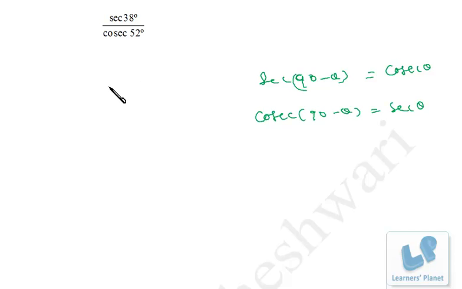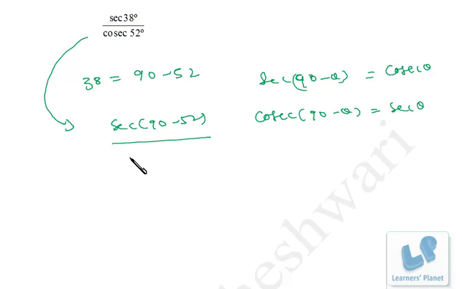Now what is the first step? 38 can be written as 90 minus 52, right? So what I do, instead of 38 over here, I will write 90 minus 52. So the sum converts into sec 90 minus 52 upon cosec 52. Right?